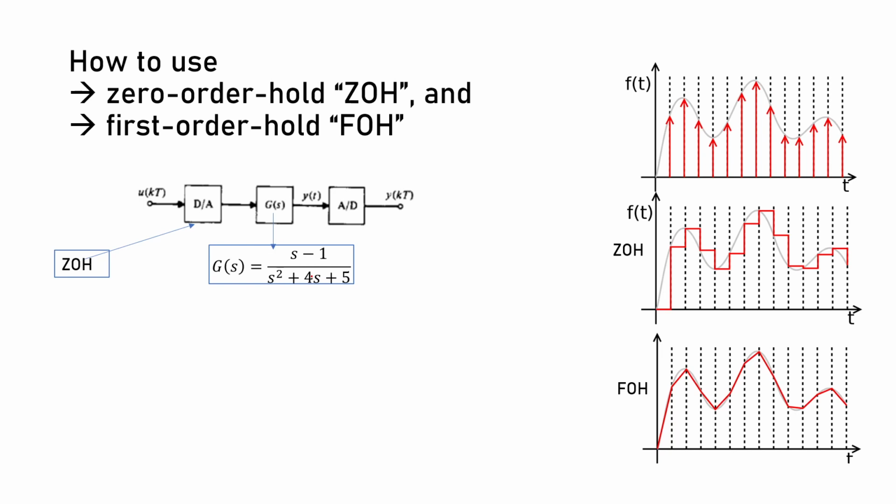Then you want to do the analysis of the response of y of t when you have a digital control setup for the control input. So you have a sample computed by the computer, and then you have a digital to analog converter, and you want to analyze it in continuous time.